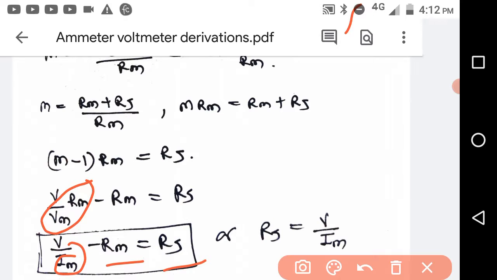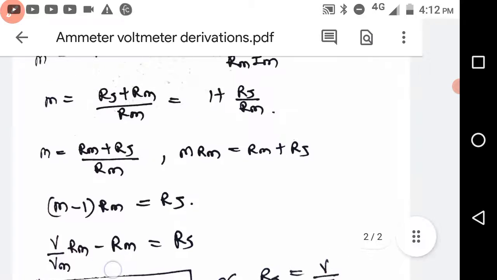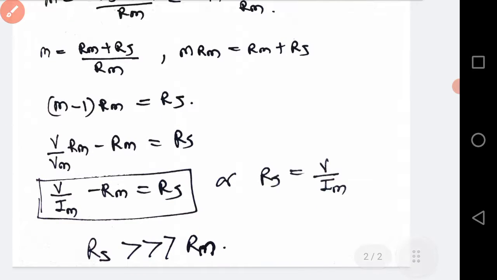Many times RM is very small compared to RS, so RS is equal to V by Im. So series resistance is very much greater than the meter resistance, and in case of ammeter, shunt resistance is smaller, having a low value compared to the meter resistance.